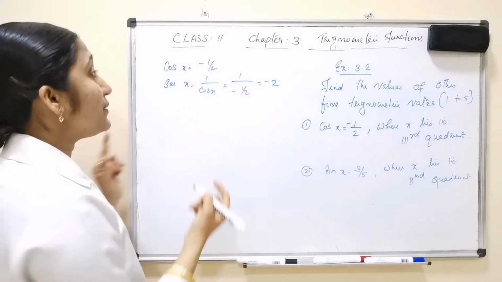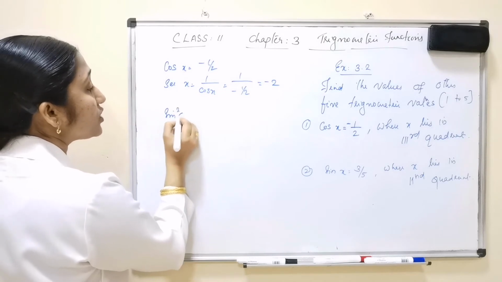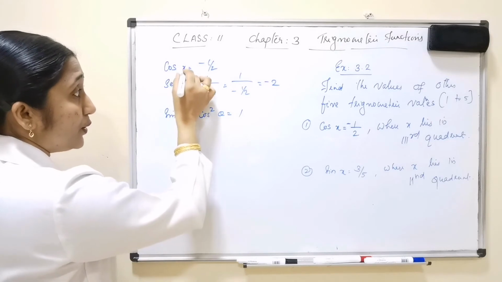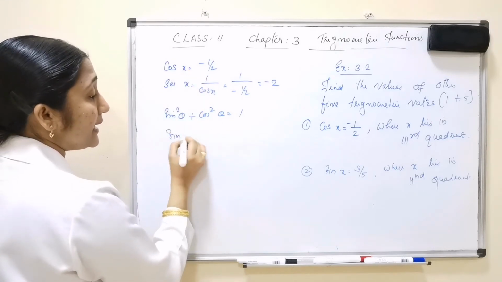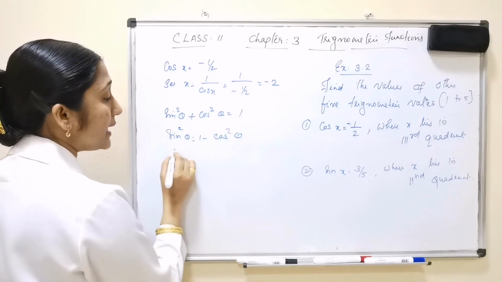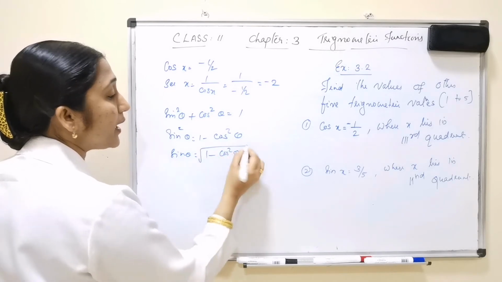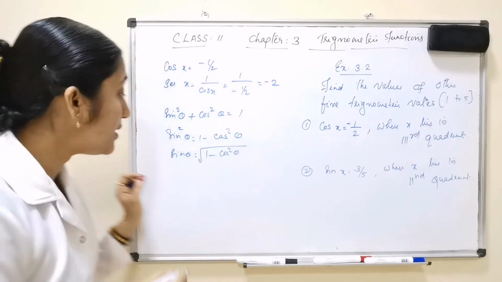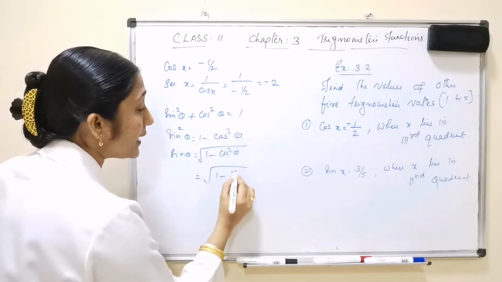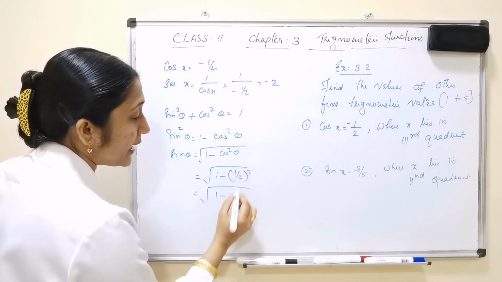Next we want to find the sine value. We know sine square theta plus cos square theta equal to 1. So sine square theta is equal to 1 minus cos square theta, and sine theta equals the square root of 1 minus cos square theta. Substituting, sine theta is the square root of 1 minus minus 1 by 2 whole square.